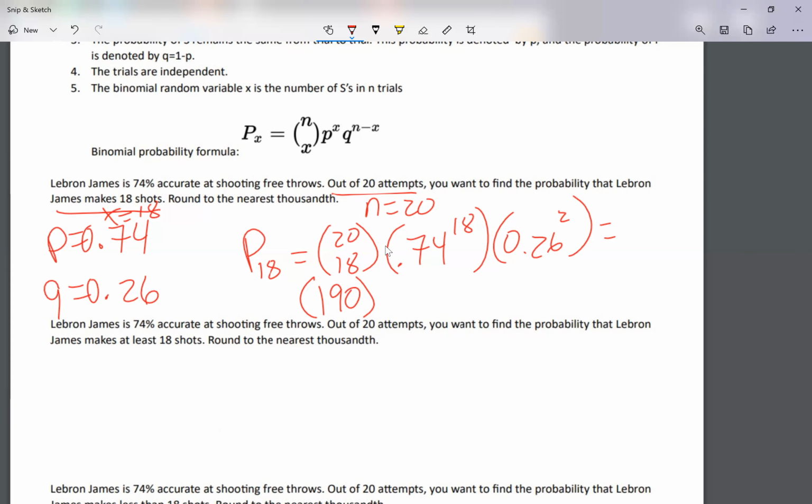It's fine that this first number is big. Sometimes it's really, really big, and the calculator will show it in scientific notation.